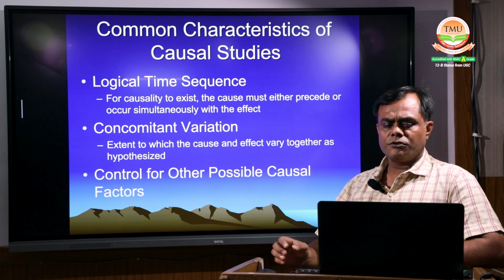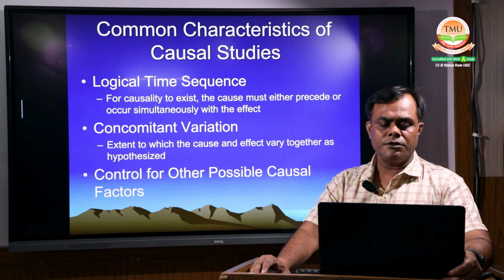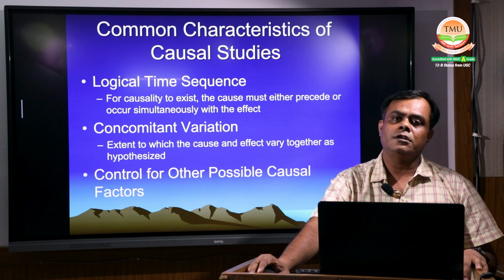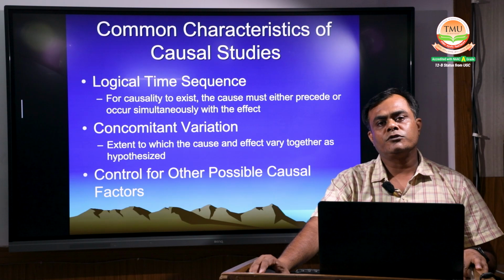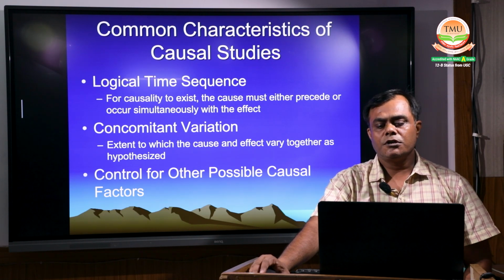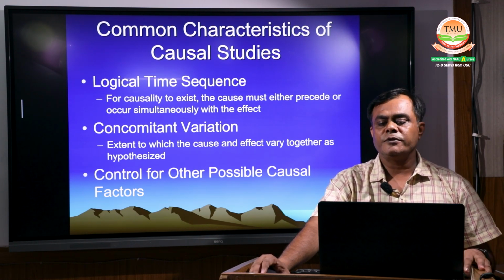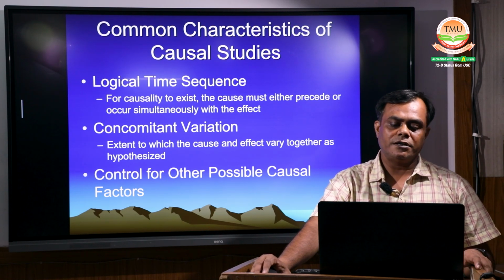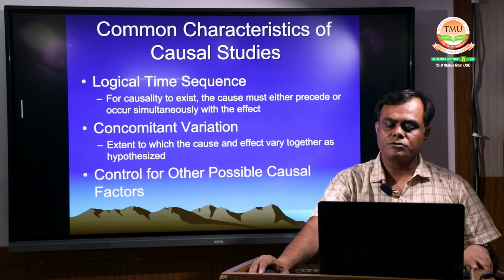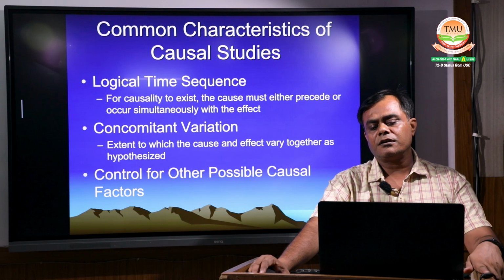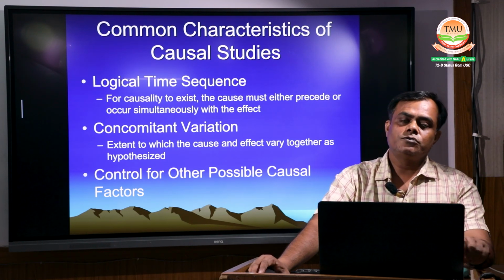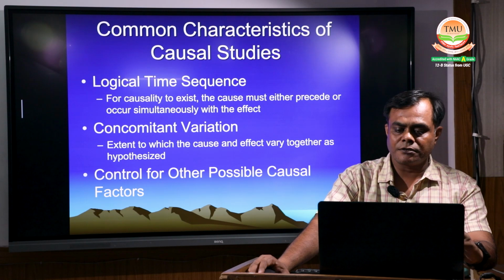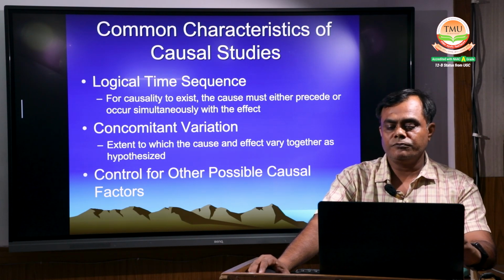Causal research designs are used in hypothesis testing research. When there is a requirement of hypothesis testing, we use causal or experimental research. This type of research design is conducted by controlling various factors to determine which factor is causing the problem.